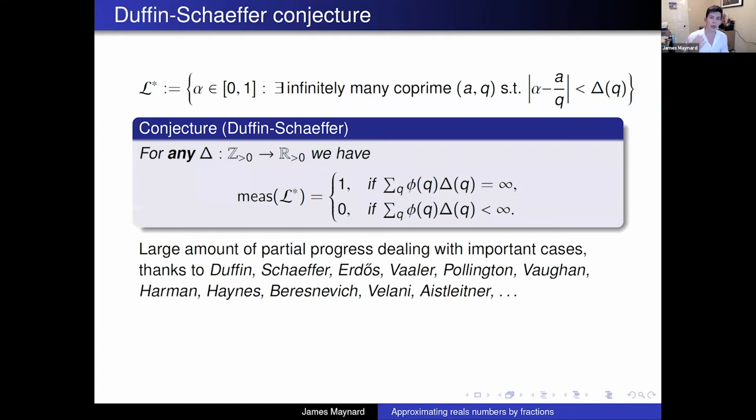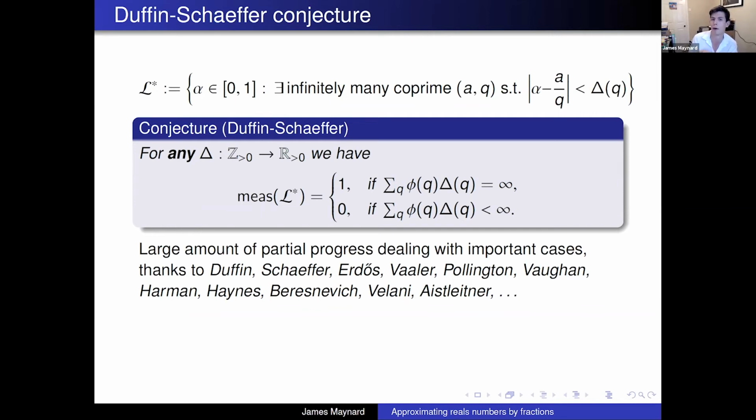And they conjectured that once you move away from these trivial obstructions due to rationals with different denominators being the same, you should have a perfect analog of Khintchine's theorem. So for a completely arbitrary function delta, you can choose it however you like, from the positive integers to the non-negative reals, the measure of this set L star should be 1 if a certain sum phi of q times delta q diverges, and it should be 0 if this sum converges.